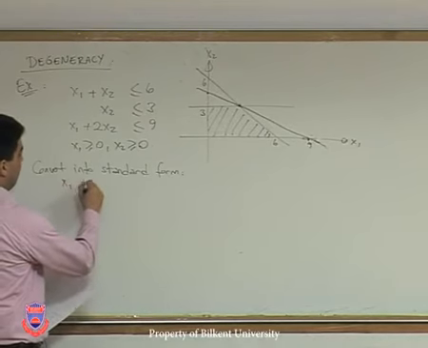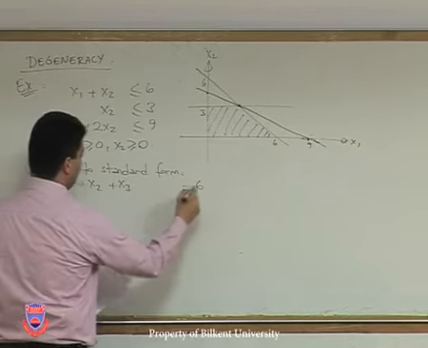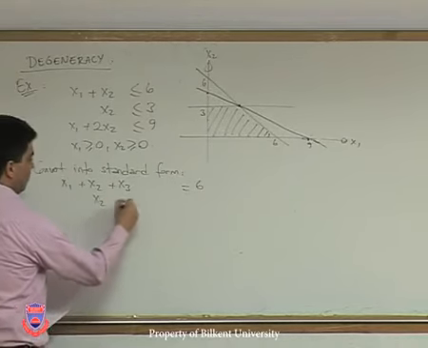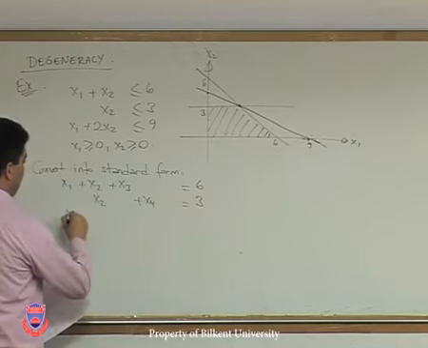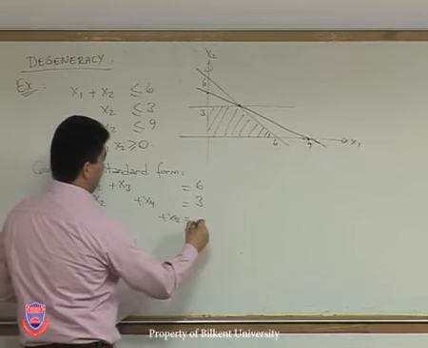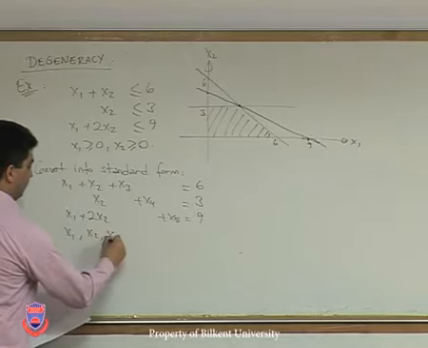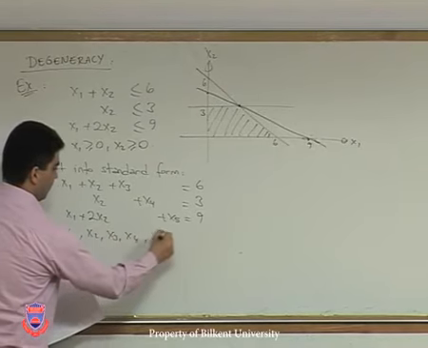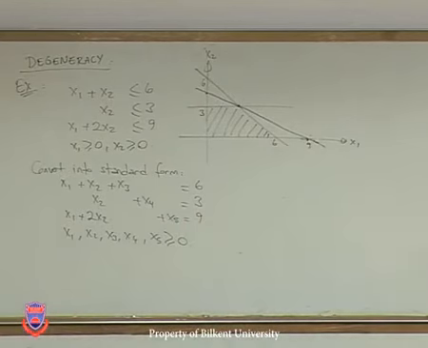The first one will be x1 plus x2 plus x3, equal to 6. Then I'm going to call x4 the second slack variable, which is equal to 3. And then x1 plus 2x2 plus x5, and the right-hand side is equal to 9. And each of my variables is non-negative.